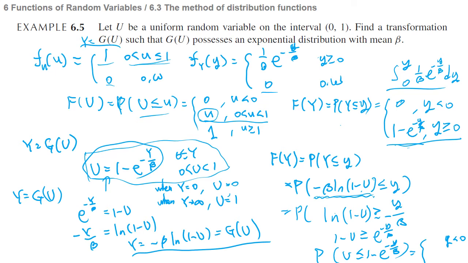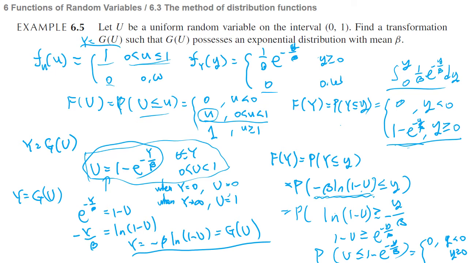So the probability for y less than 0 is 0, and for y greater than 0, we use the distribution function for u and calculate it for 1 minus e to the minus y over beta.